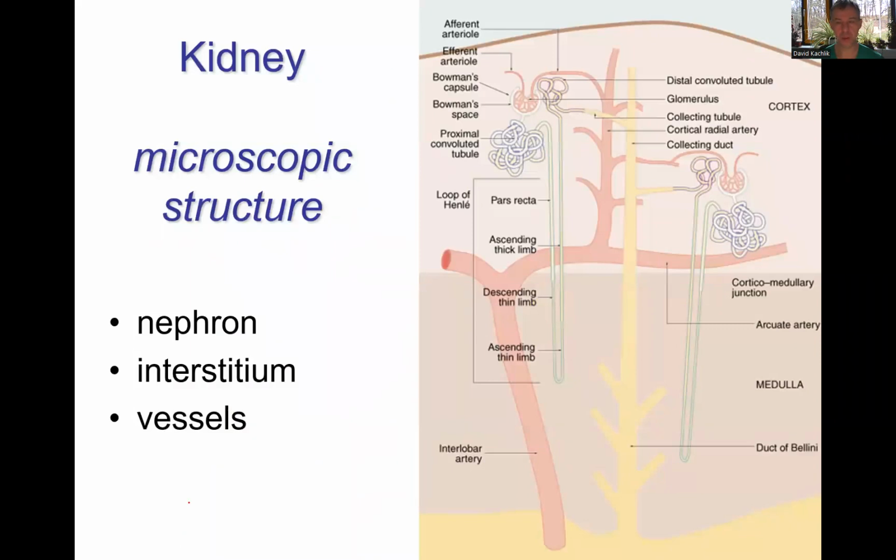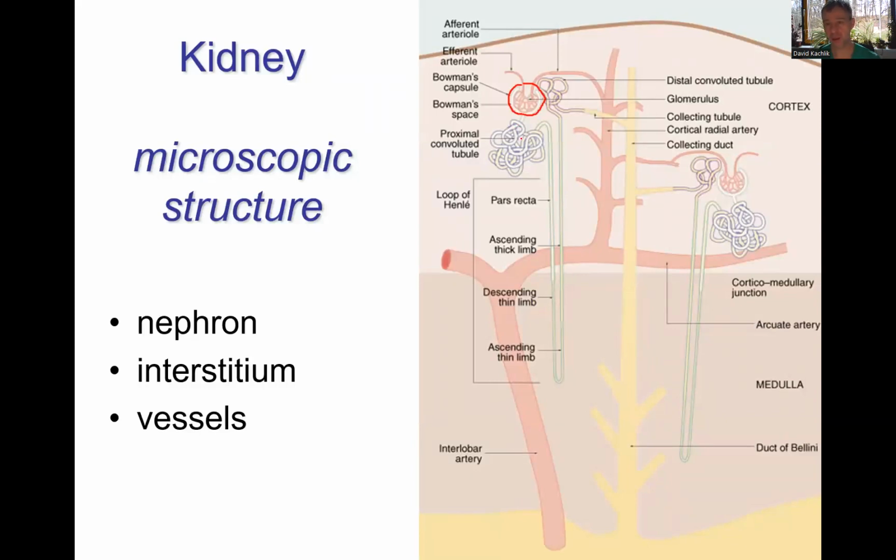And now we can slowly continue to the internal structure of the kidney. So the main functional unit is the nephron, and the number of nephrons is around 1 million. The nephrons are quite complicated structures composed of glomerulus, which is a convolute of capillaries, and then a system of tubules.